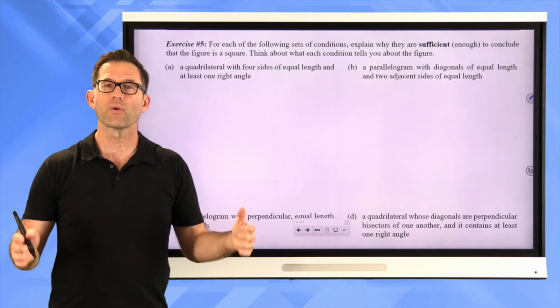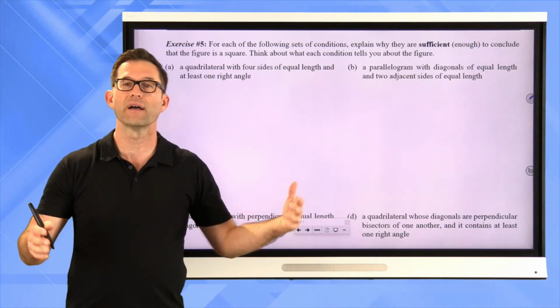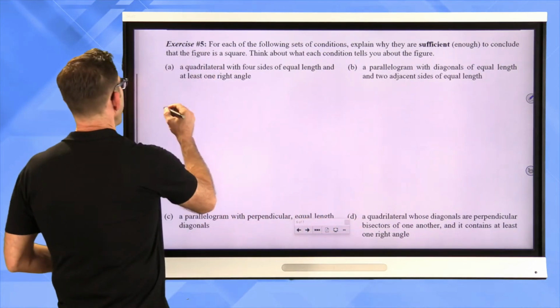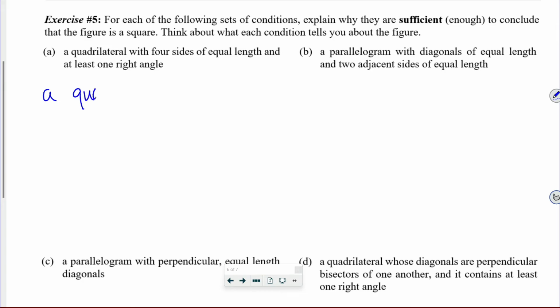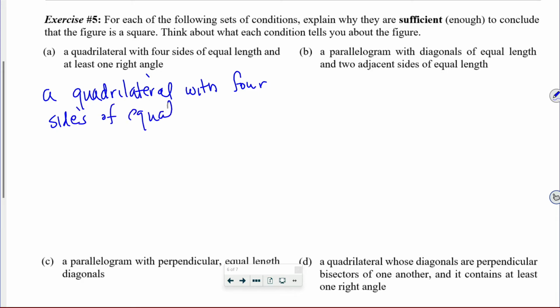If I've got a quadrilateral with 4 sides of equal length, that means it's a rhombus, right? That's exactly what it is. Means it's a rhombus, right?